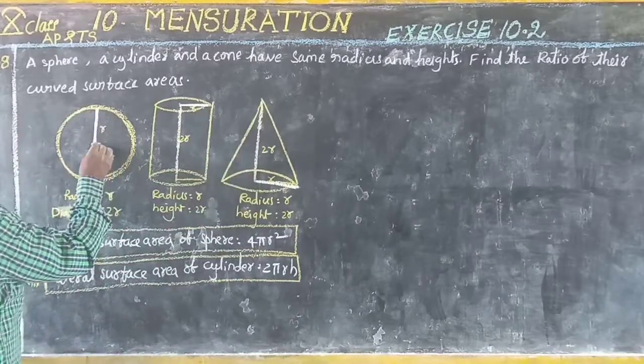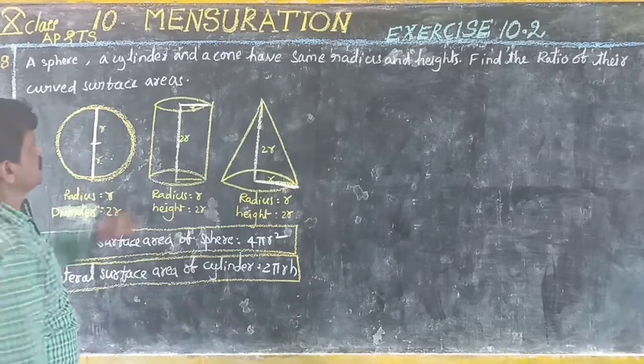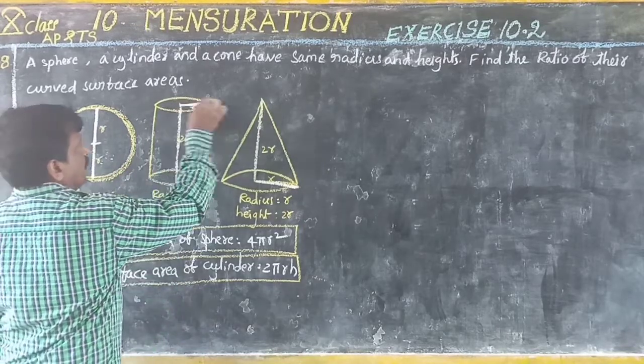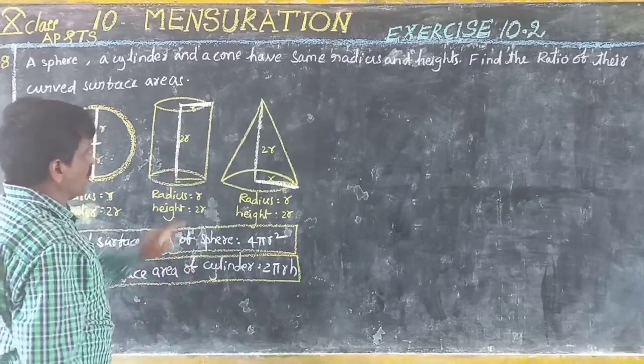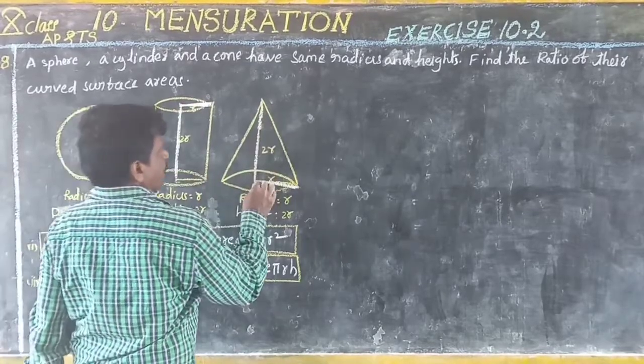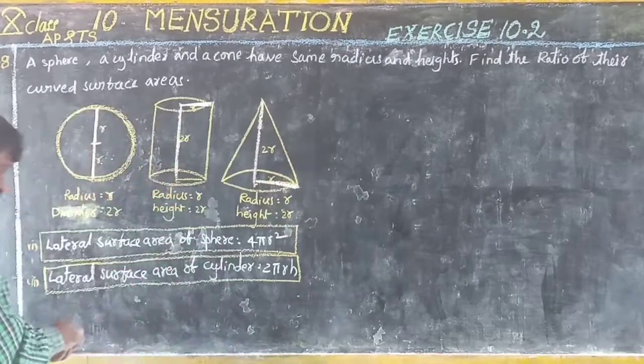Radius r, so diameter is r plus r, 2r. Height is the same, 2r. Radius r, height 2r.